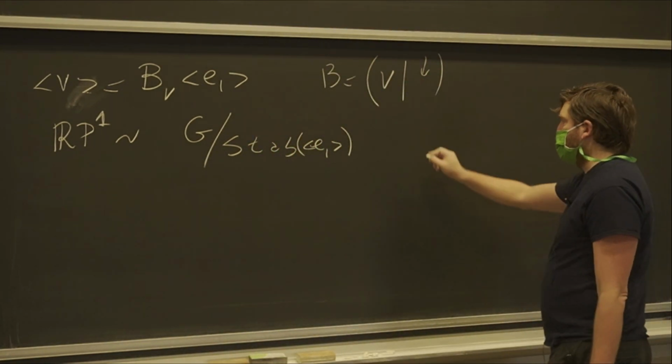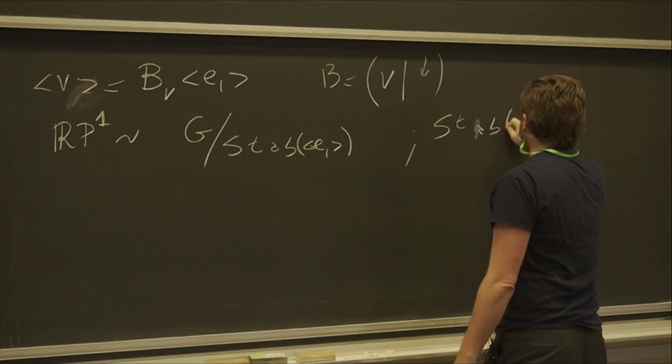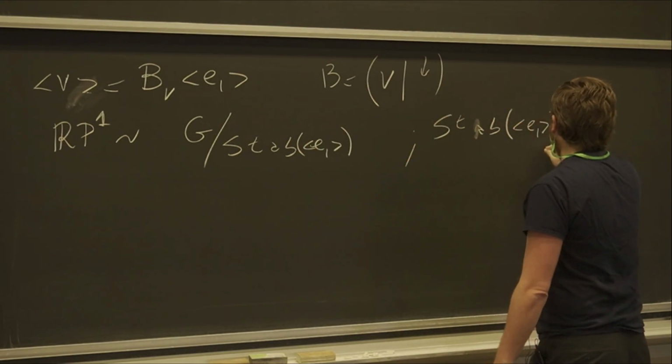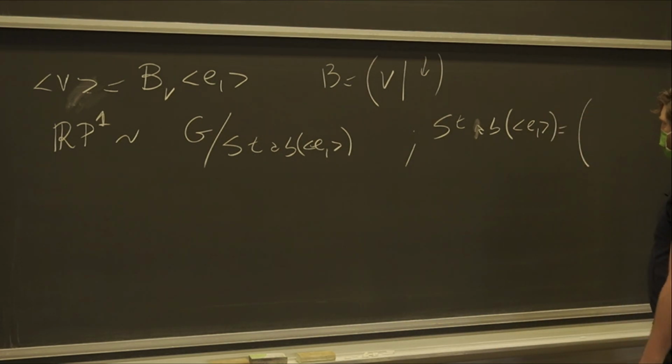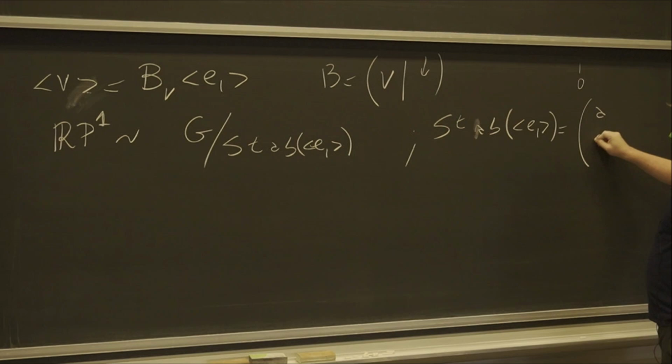Modulo stabilizer, and then we compute the stabilizer of this guy, and this is the matrices that will send the direction 1, 0 into a multiple of itself. So this has to be of the form A, 0. And then I have to complete to have determinant 1. So the only way of completing is allowing whatever here and putting a 1 over A here.